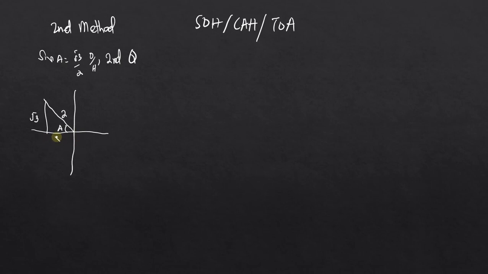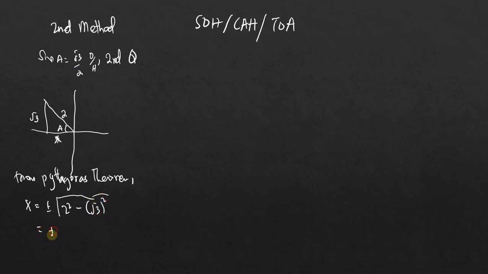Let me represent the adjacent with some x. So from Pythagoras theorem, x will be equal to plus or minus square root of 2 squared minus square root of 3 squared, right? So x will be plus or minus square root of 4 minus 3, which will give us plus or minus 1.